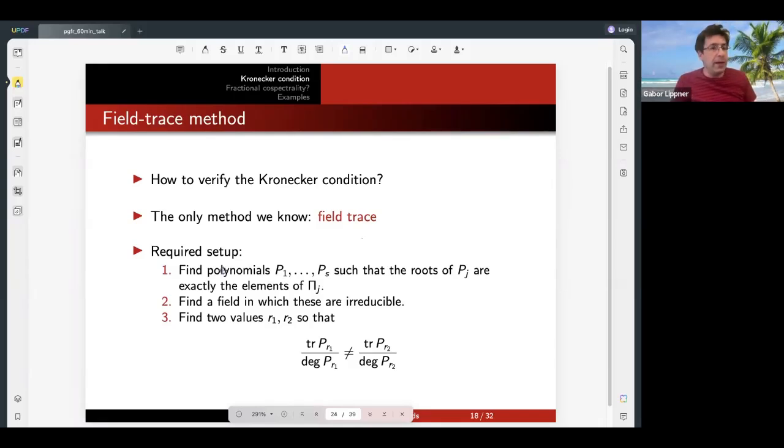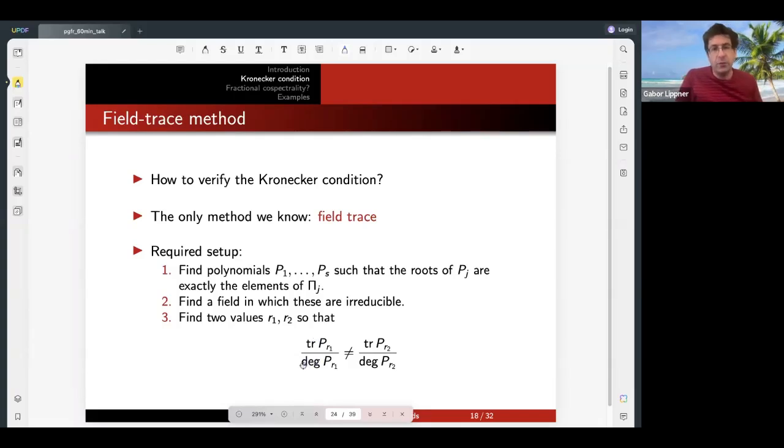Basically, what we want for that is to find polynomials whose roots are exactly the numbers in these parts. So I want one polynomial for each part, whose roots give the eigenvalues in that part. And I need these polynomials to be irreducible over some relatively small field. And then I need two of the polynomials to have non-equal trace over degree.